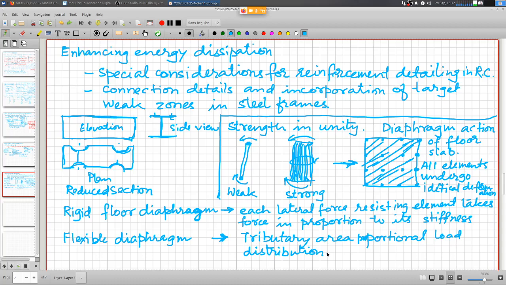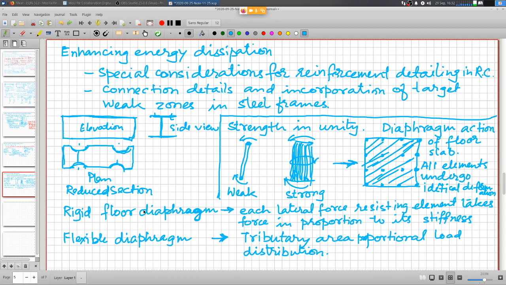But mostly in the Indian context, we do not have flexible diaphragms. Most of the buildings are actually based on rigid floor diaphragms. Reinforced concrete flooring system is very convenient otherwise also from several angles: thermal, heat resistance, fire resistance and so on.